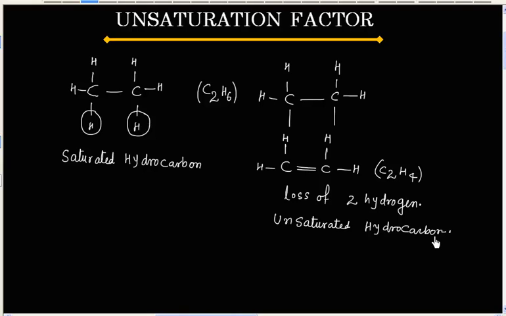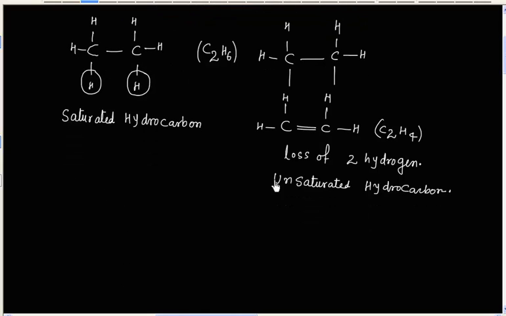Now we define unsaturation factor: if I have a loss of two hydrogen, then we say this compound has one unsaturation factor. So in this case, unsaturation factor is 1.